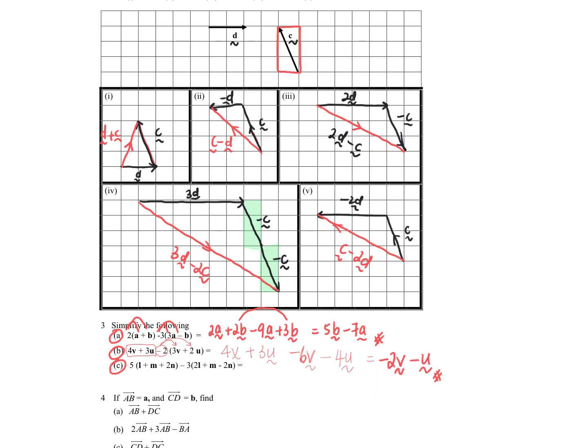No, this one drawing not in O-level, but you need to know how to read direction. So C is diagonal of one rectangle. So when they have 2C, you have 2 rectangles. Can you see that? When you have 2C, you have 2 rectangles like that. So you just follow how they draw.